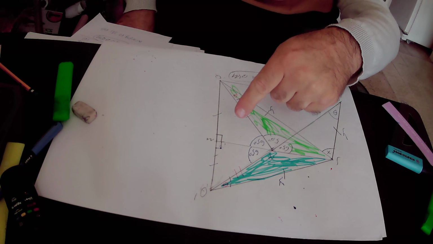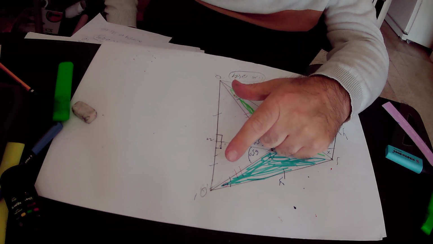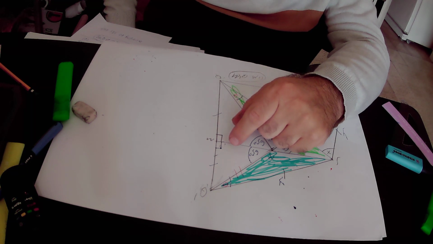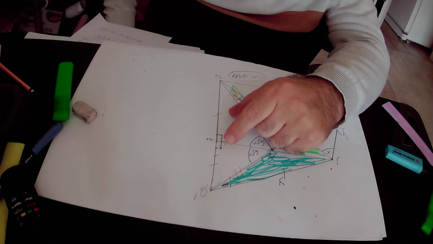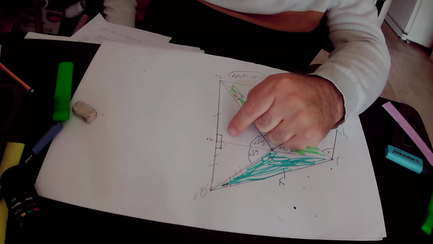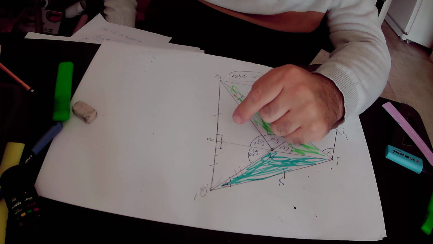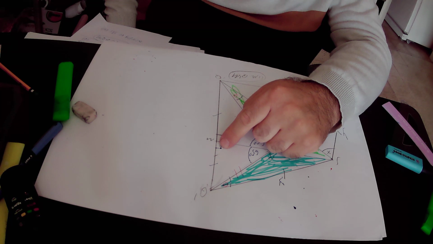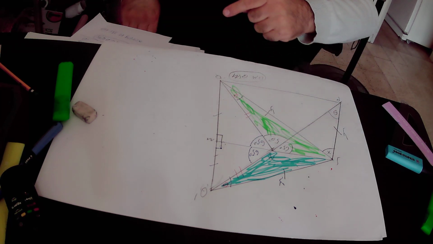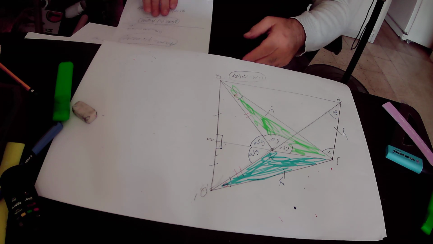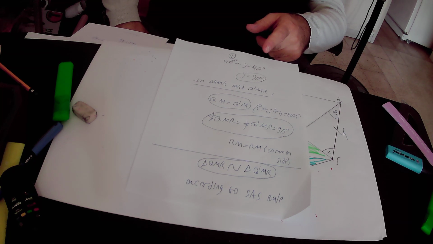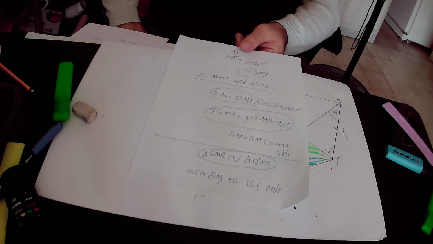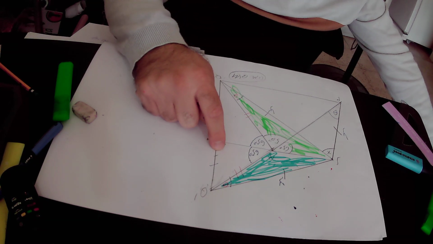Therefore, at point M on the straight line QQ dash, on one side of point M, the sum of the angles must be equal to 180 degrees. So which angles do we have at point M? We have 90 degrees plus this angle, Y according to our definition, must be equal to 180 degrees. So 90 degrees plus the size of angle Y equals 180 degrees. Here we subtracted 90 degrees from this equality, and we got that angle Y equals 90 degrees. So we found out that this is a right angle.